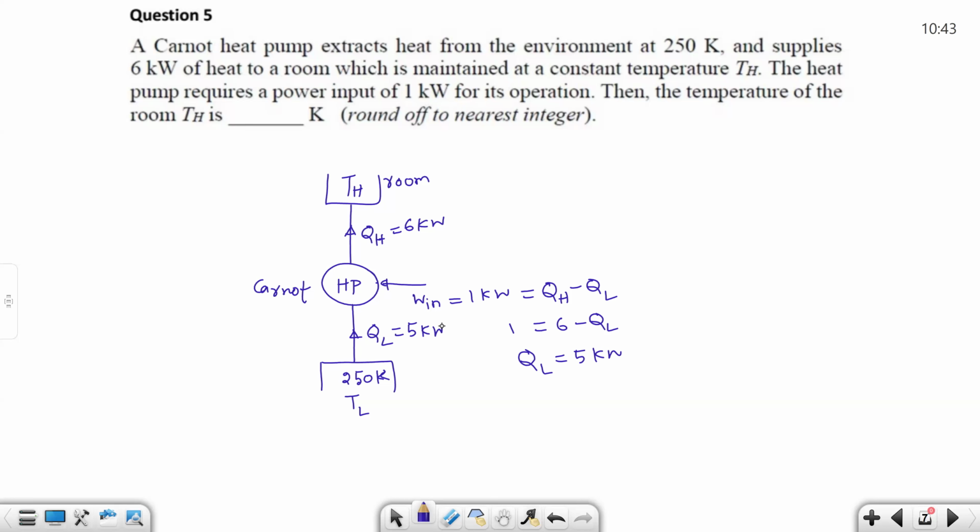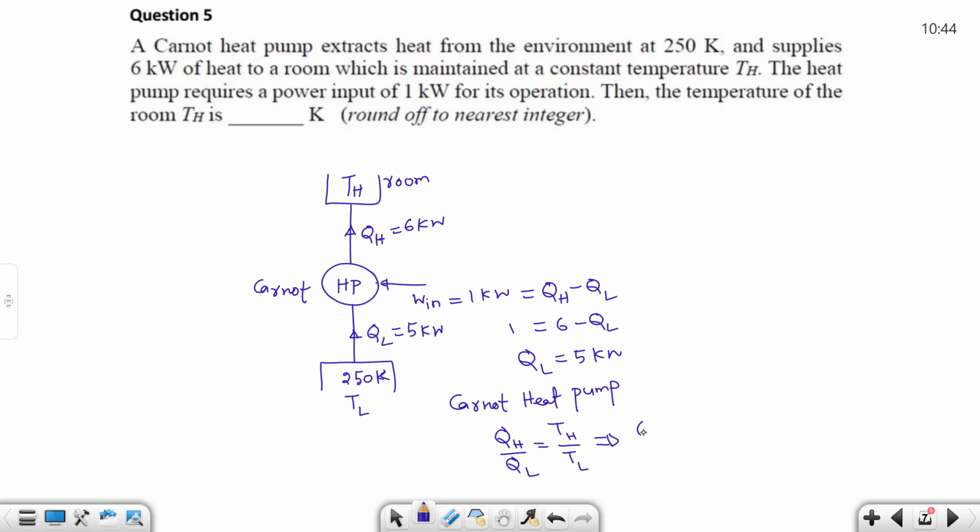Now since it is a Carnot heat pump, the ratio of heat will be equal to the ratio of temperature. This will be valid for a Carnot heat pump. So this will give you TH.